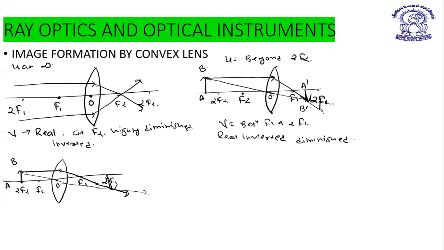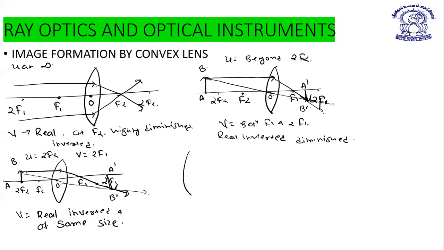These two refracted light rays will intersect each other at point 2F1. So the image is created at 2F1, that is A dash B dash. Here again, the image formed is real, inverted, and of same size. So if object is placed at 2F2, image is created at 2F1.